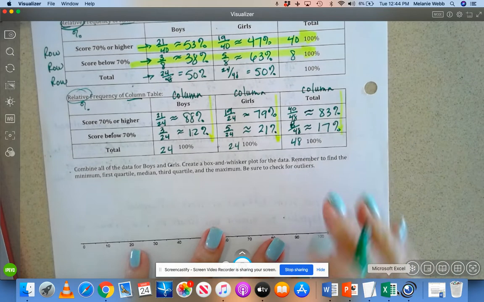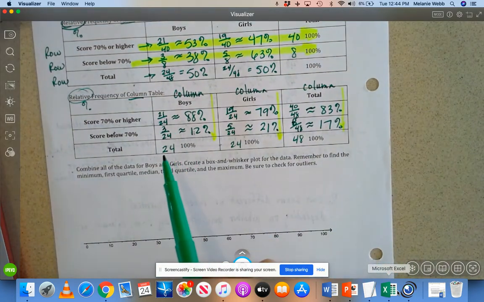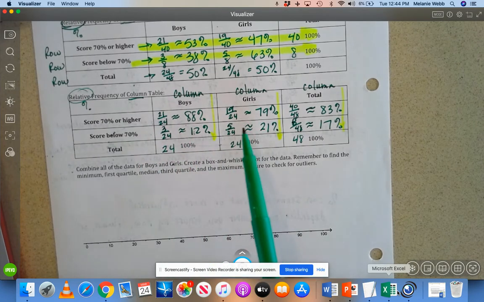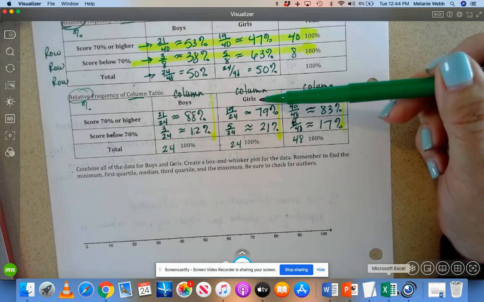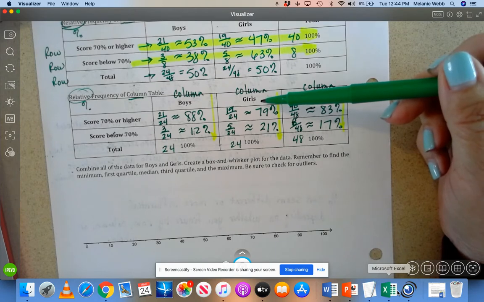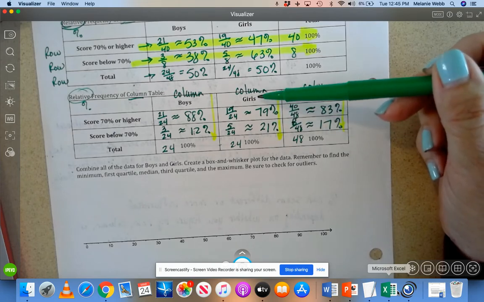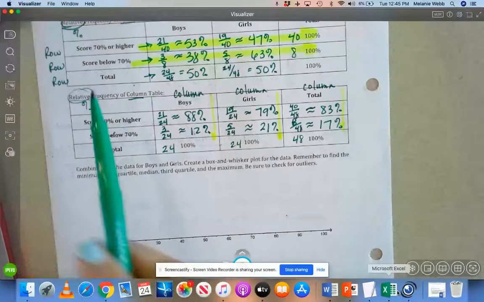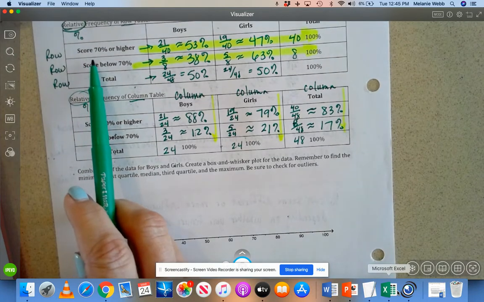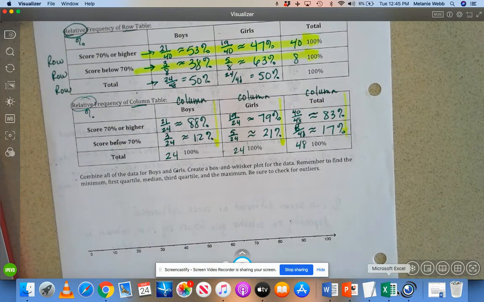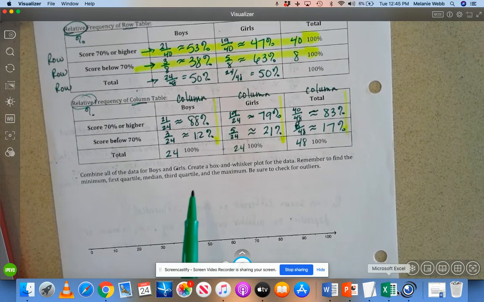So you can make statements by column. For example, a statement by column of this data would be, of the girls who took the test, 79% scored 70% or higher. So you would start with of the girls or of the boys. Up here for row, you would start with of those who scored 70% or higher, or of those who scored below 70%.